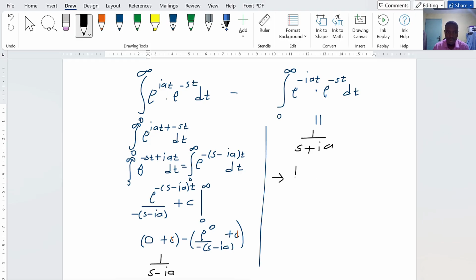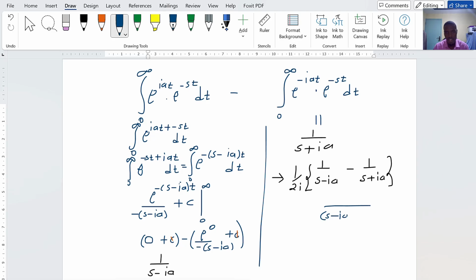You now have 1 over 2i, remember that, into 1 over s minus ia, then minus 1 over s plus ia for the other one. Now you can continue to work out this part. The LCM is the product, that is s minus ia times s plus ia.